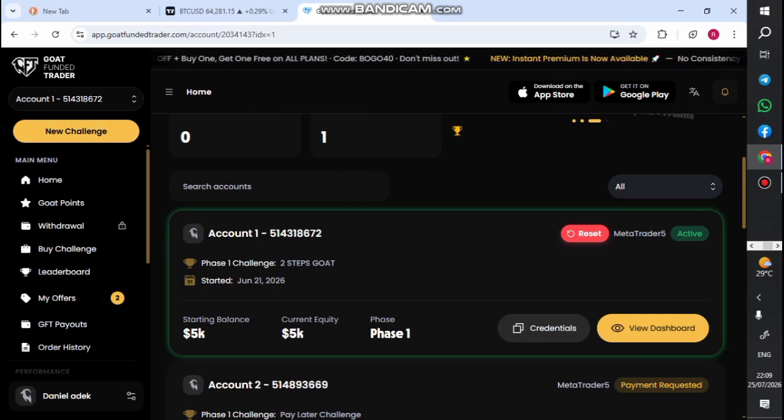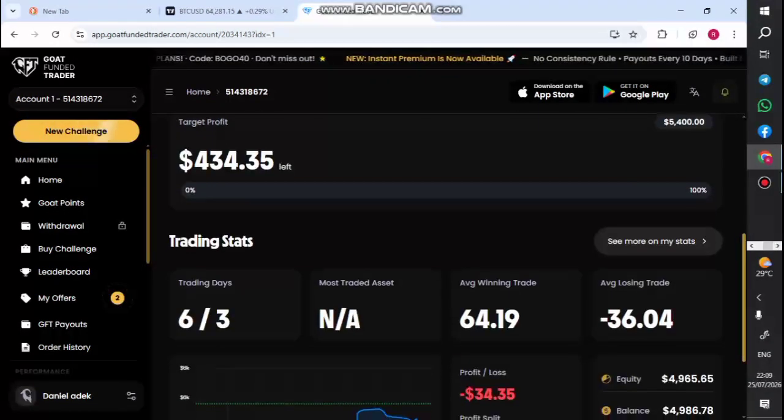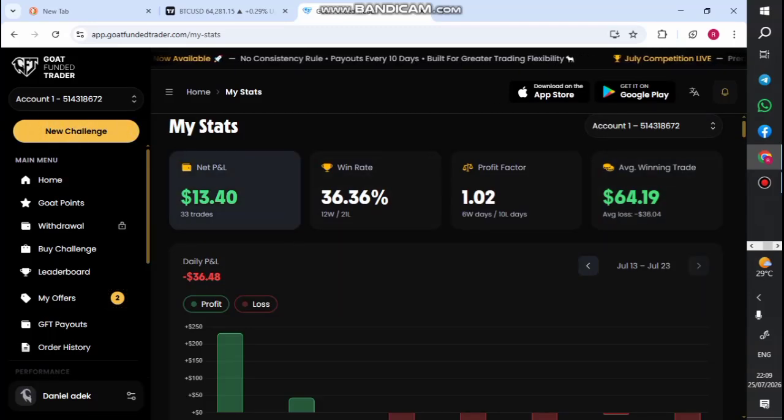So let me show my stats. Yeah, this is my stats. I made a lot of losses last week. This is my net PNL, 33 trades. That's crazy, bro.